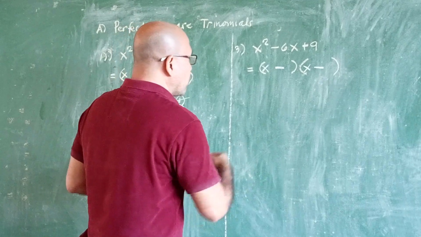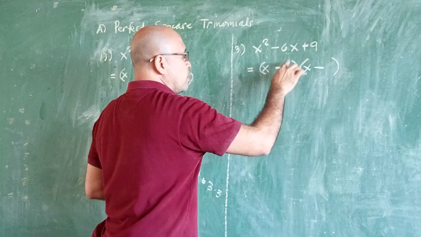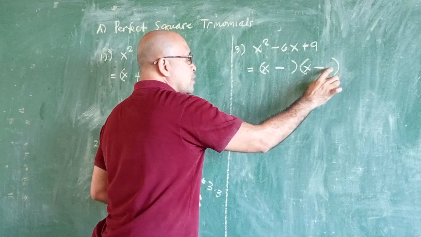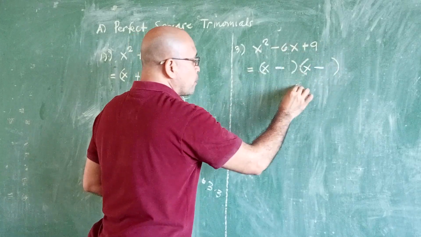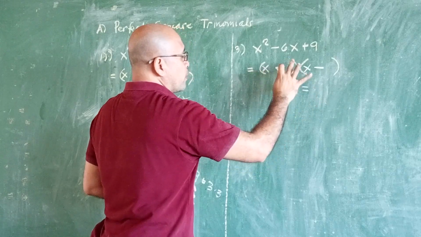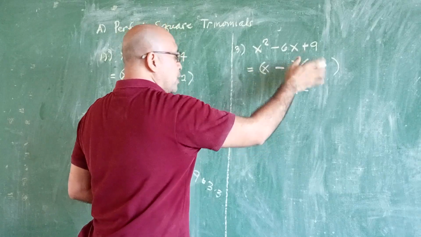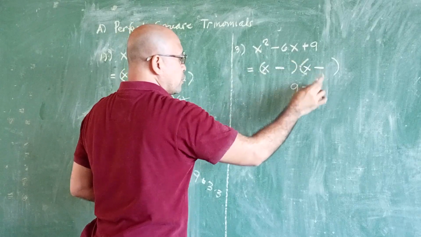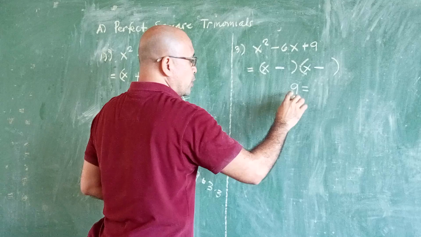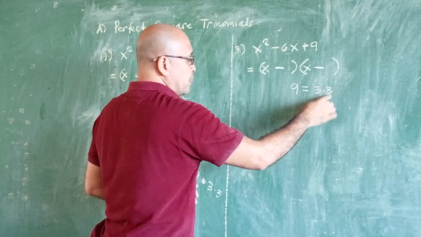And again, if it is a perfect square trinomial, the last term here is also the same as the last term here. So therefore, the factor of 9, and that will give you the specific number here as the last term of your factors, the same number that will give you 9 when you multiply, will be 3 times 3.